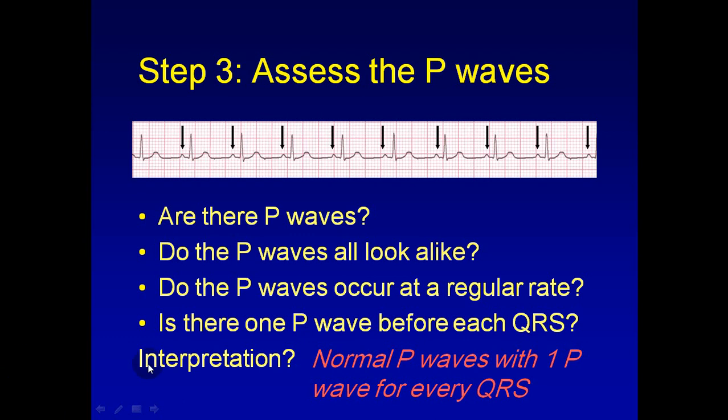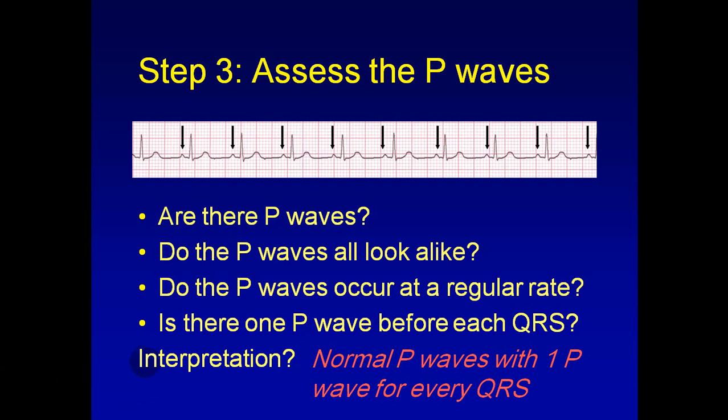For the time being, by the end of the lecture the student must know how to calculate the rate and give an idea whether the rhythm is normal or abnormal. The rate is 300 divided by the number of boxes between two R waves, or if it's irregular, take 3 seconds, 15 big boxes, count the R waves and multiply by 20.